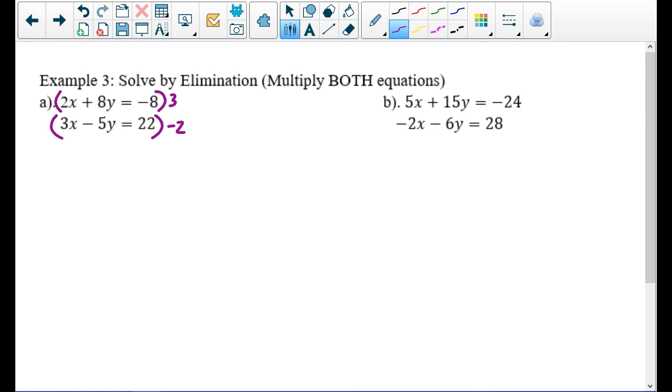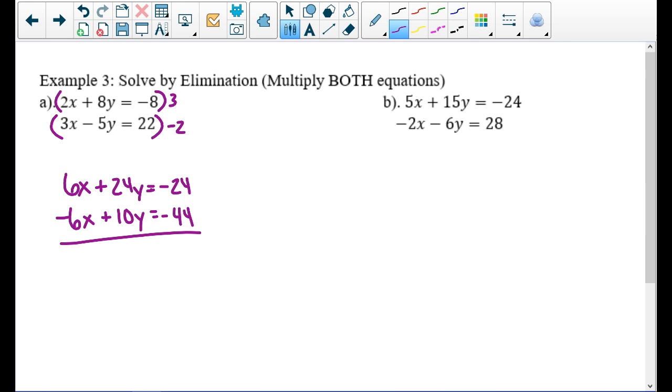So in the top equation, 3 times 2 gives me 6x. 8 times 3 is 24y, and then a negative 24. Multiplying by negative 2 then, I have negative 6x, a positive 10y, and a negative 44.